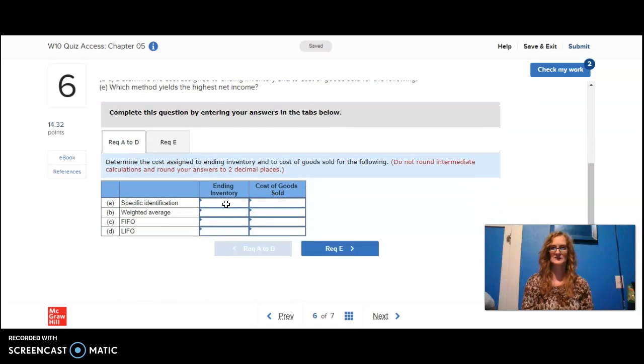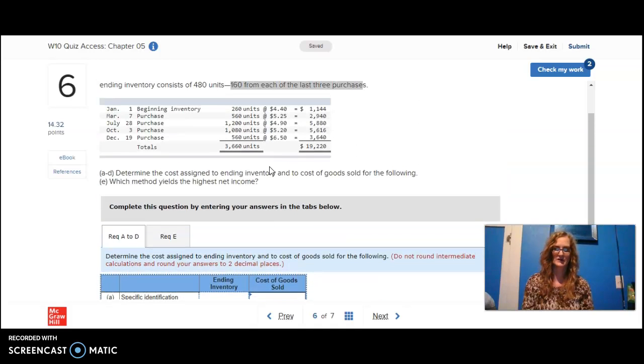So the first thing they want us to find is the ending inventory using the specific identification method. That means we can match each item in inventory to a specific purchase and invoice. Specifically, it says 160 from each of the last 3 purchases.